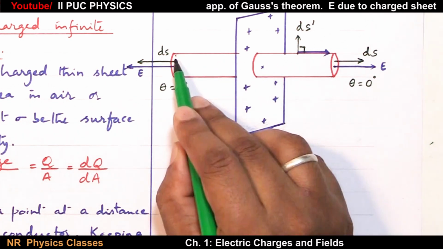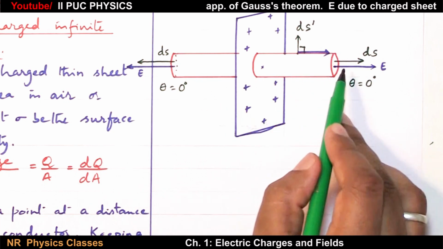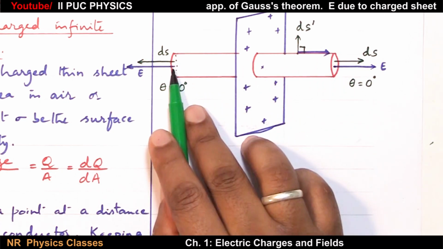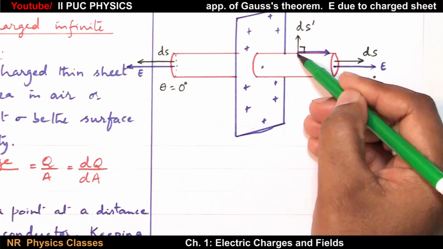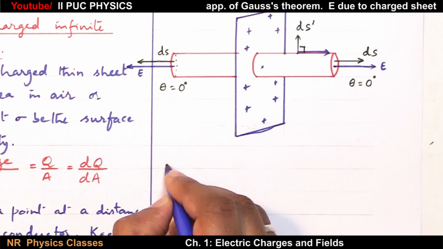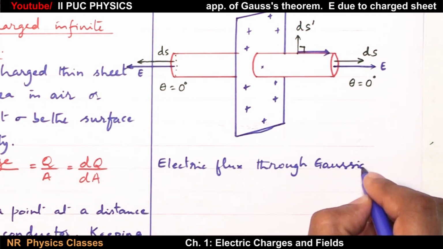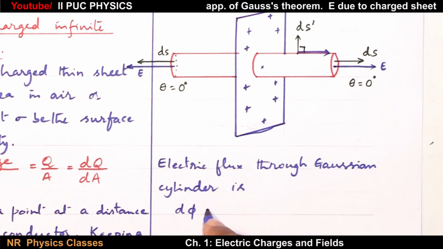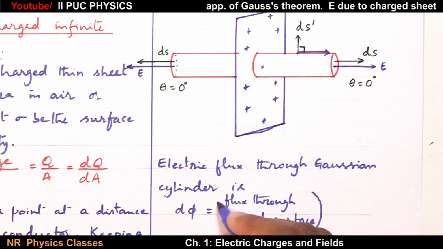So what is the electric flux through this Gaussian cylinder? Twice the electric flux through circular faces plus flux through the curved face. Let me write that. Electric flux through Gaussian cylinder is d phi equal to flux through curved surface plus twice the flux through circular face.